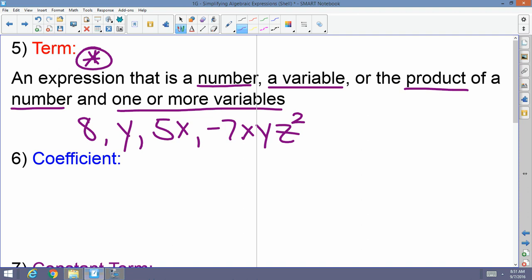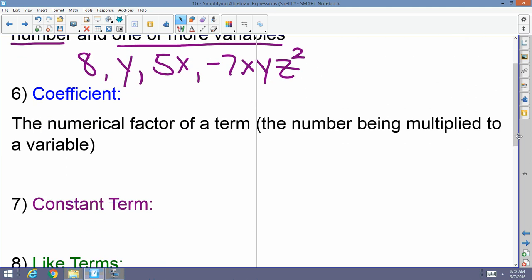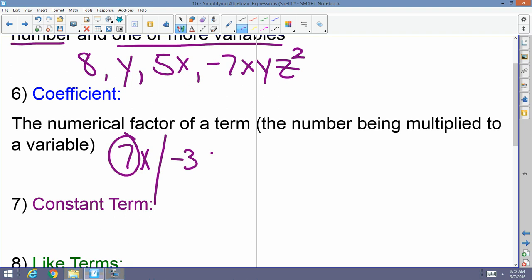Coefficient. Okay, the coefficient is the numerical factor of a term. Basically, it is the number being multiplied to a variable. So in other words, it's the number in front of the variable. If I have 7x, 7 is my coefficient. If I have negative 3x, negative 3 is my coefficient.